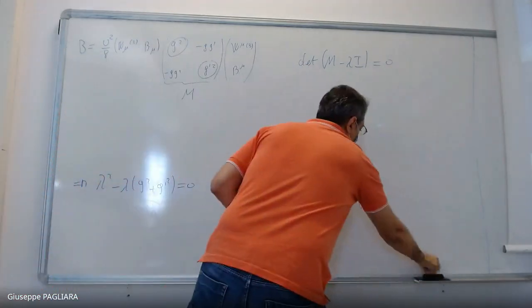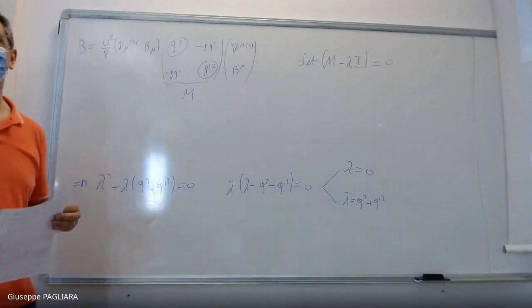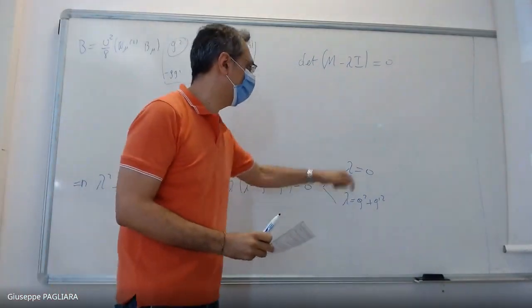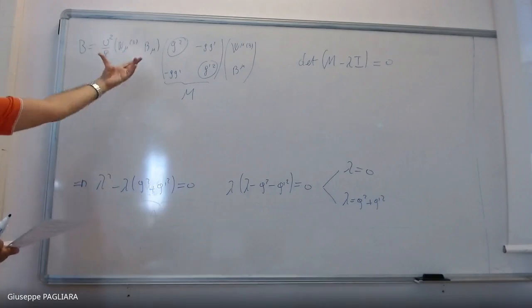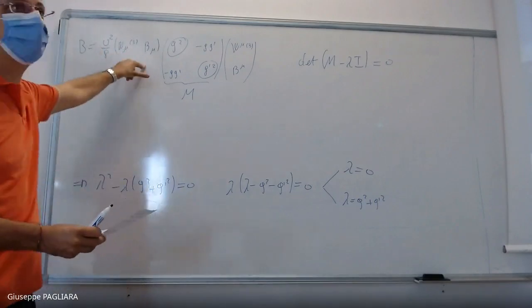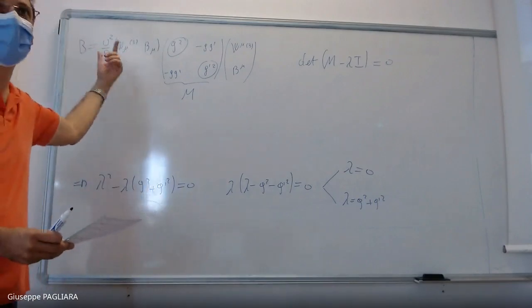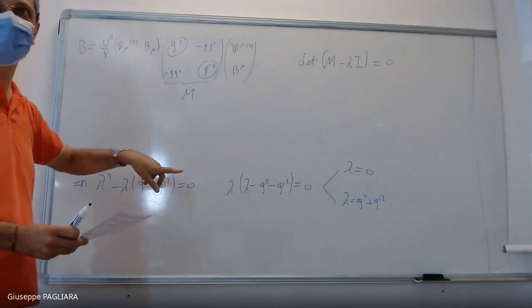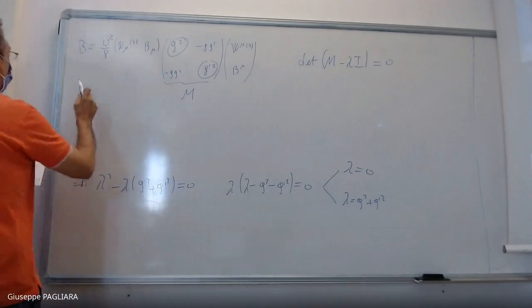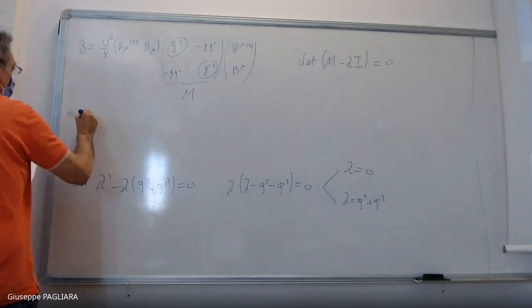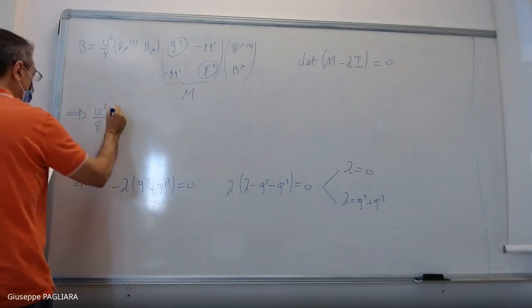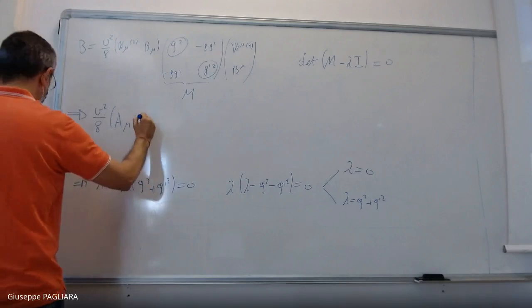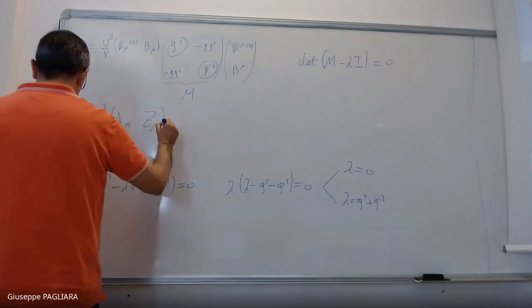Okay, so once we have diagonalized our matrix, we are now in a basis where the matrix is diagonal, and we can rewrite this expression in the new basis. So we have to redefine these fields as the new eigenstates of this diagonal matrix. So after diagonalization, v squared divided by 8, I can call these A mu, Z mu.